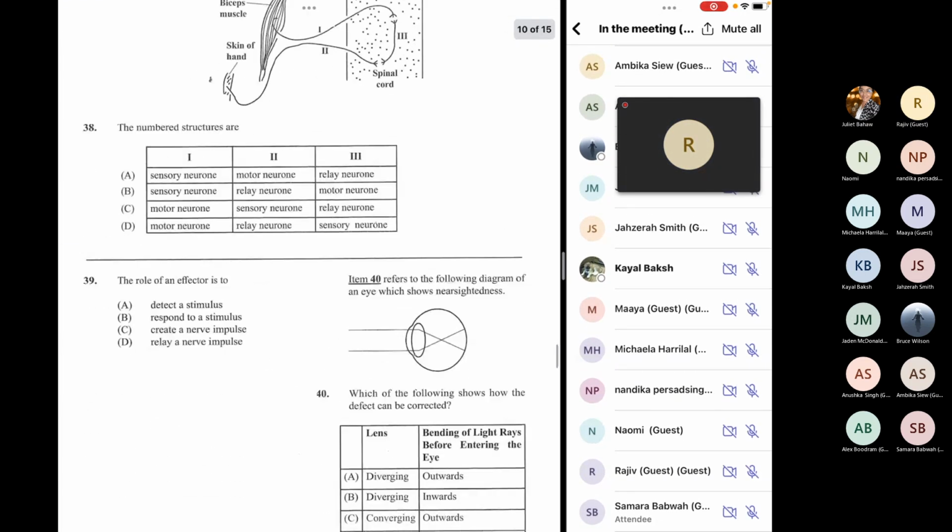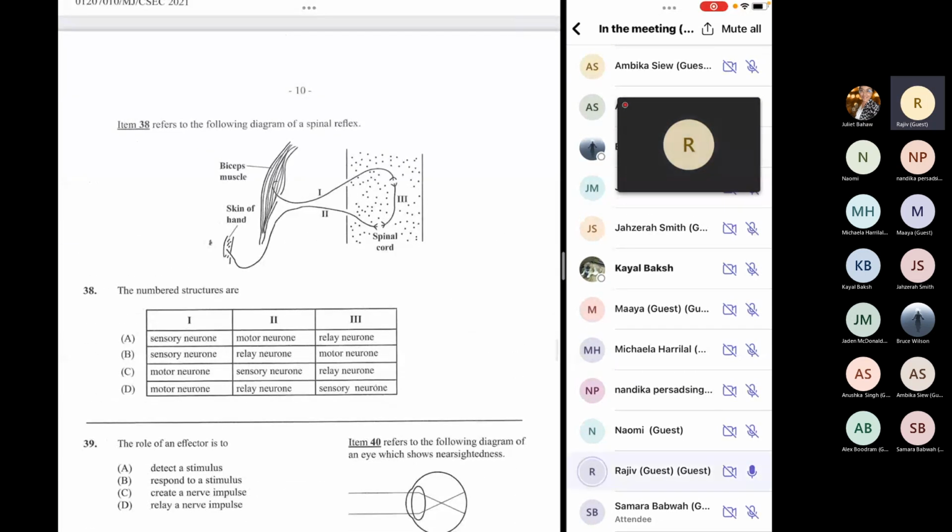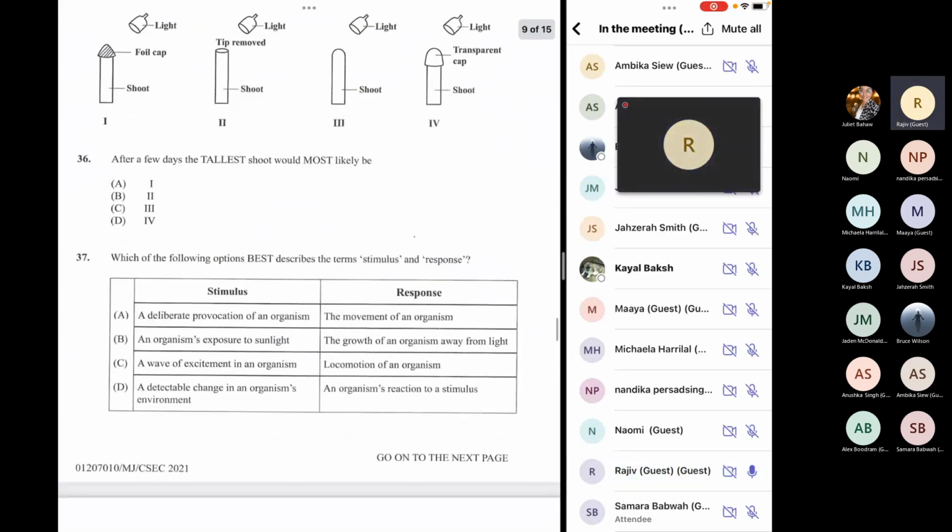And number 38 now. Miss, I have a question. Back up to 36, right? I'm seeing tip. Can you explain the tip again? The tip of the plant is the area where you're going to have the growth hormone, which in plants is auxins. Auxins is found at the back of the tip.